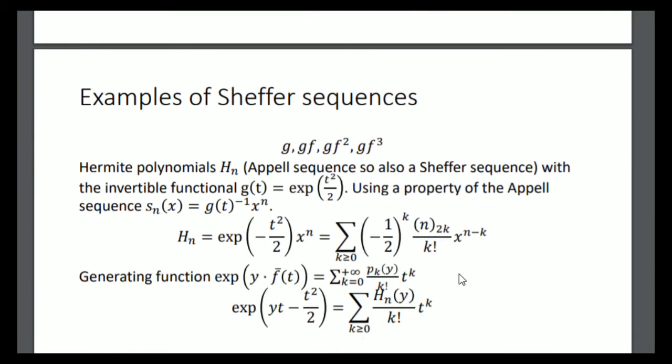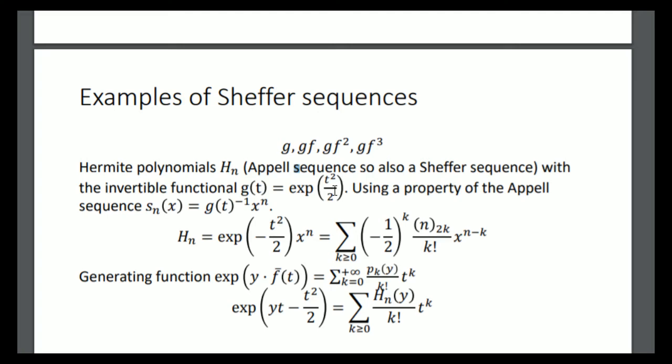Now, there is also the Hermite polynomial. I did not remind you of the definition. It's also an Appell sequence, but I'm going to talk about it later. For the Appell sequence, we don't need the f part, we only need the g, and the g is exponential of t squared over 2.